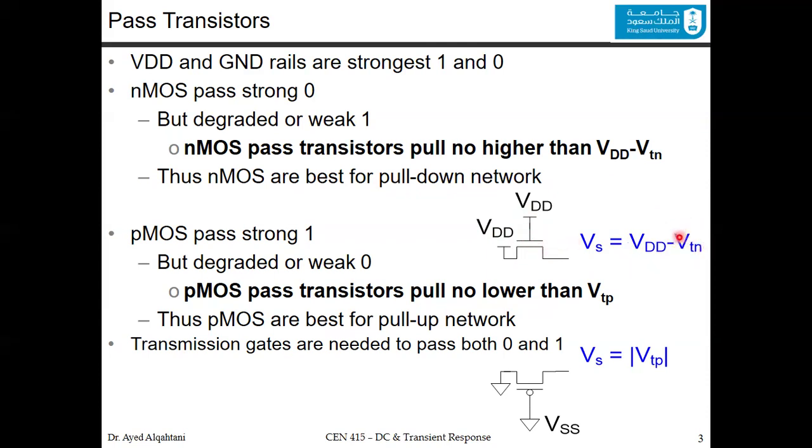Usually V threshold is positive, so if we say that VDD is 5 volts, you take away the amount of V threshold, let's say it's 1, so it becomes 4 volts. And we will have examples soon.